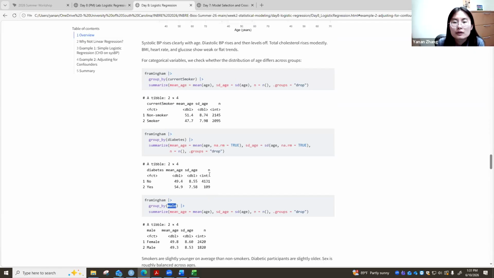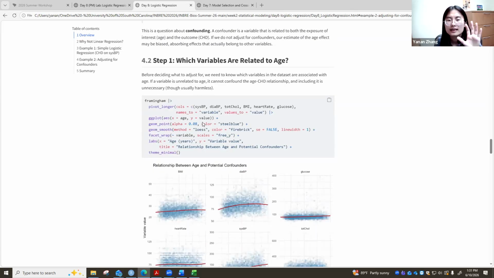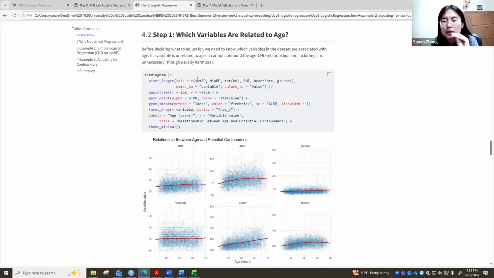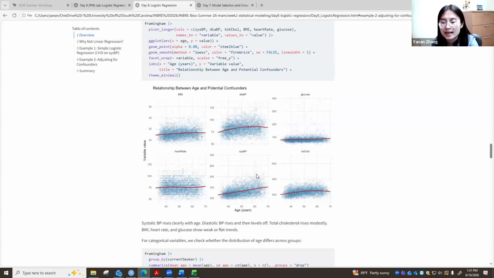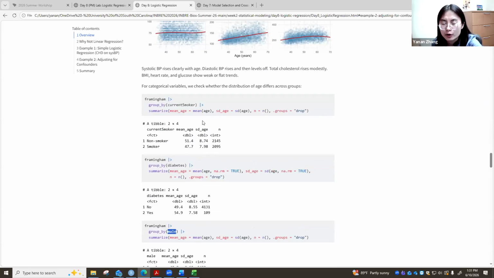All right, so let's summarize this first step. In this step, we wanted to explore which variables are related to the predictor age. For continuous variables, we will select systolic blood pressure and total cholesterol. And for the categorical variables, we will select smokers and diabetes.